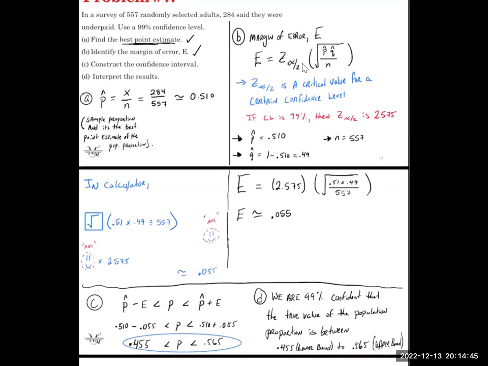The formula for E is Z alpha over 2 times the square root of P hat times Q hat over N. The formulas are shown on the screen for parts A and B. But to get the critical value, well, yes, to construct your confidence interval, you need to know P hat and E, but the way that you call them there is not correct.